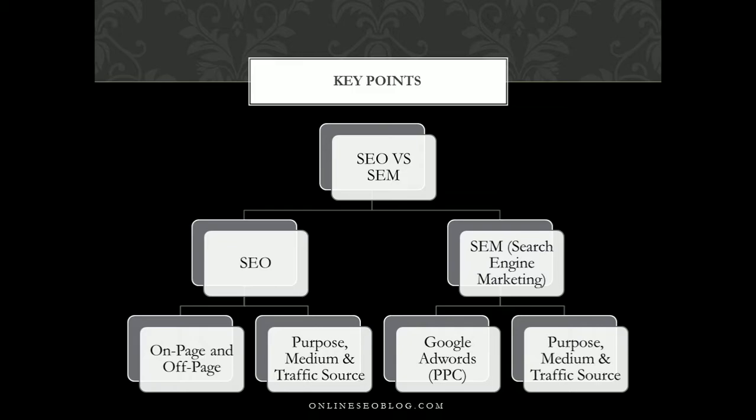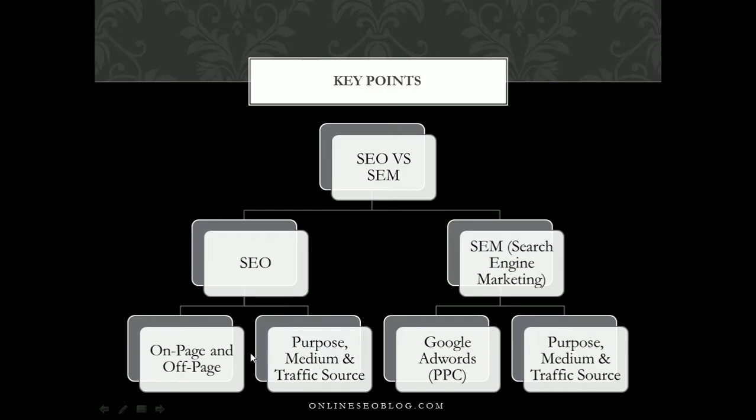And in the last we have SEO versus SEM. SEO stands for search engine optimization, SEM stands for search engine marketing. SEO is done via on page and off page, where off page is the website promotion, and on page we use content optimization. And search engine marketing is achieved through pay-per-click, that is run via Google AdWords. So the purpose in SEO is to get the audience.